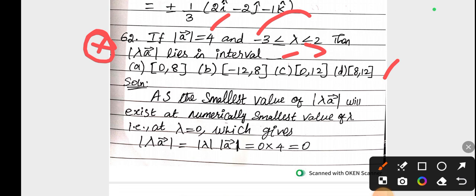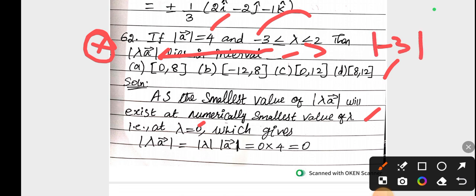The smallest value of magnitude of lambda a vector will exist at the numerically smallest value of lambda. Which is the numerically smallest value of lambda? It is 0. So lambda can be 0, which is the smallest value. Sir, why? Minus 3 is only smaller, no sir, don't say like that. If you apply lambda as minus 3 and take the modulus, that will become plus 3.